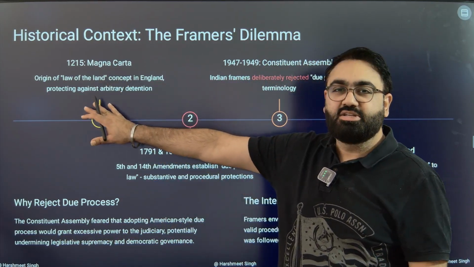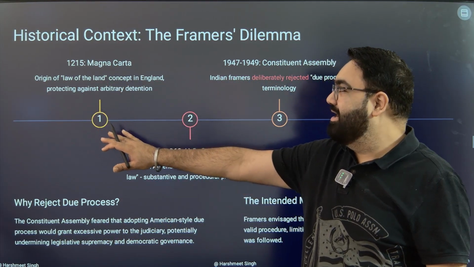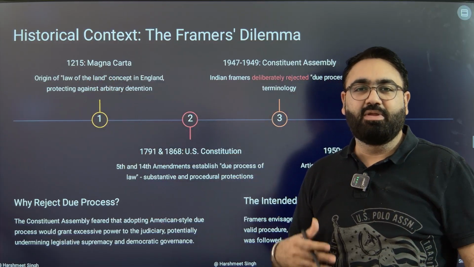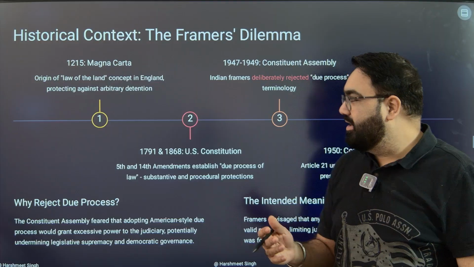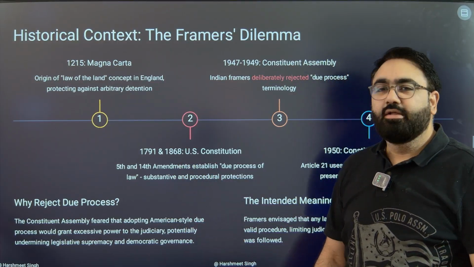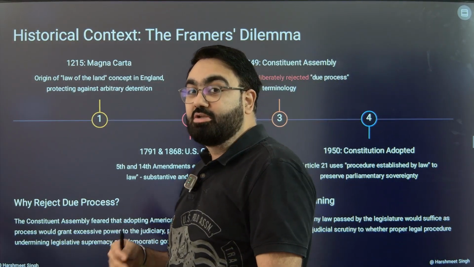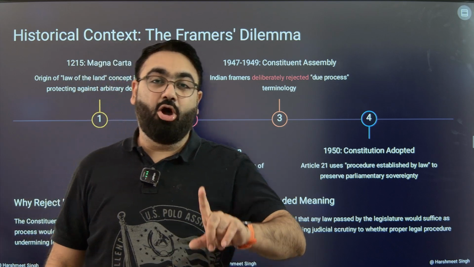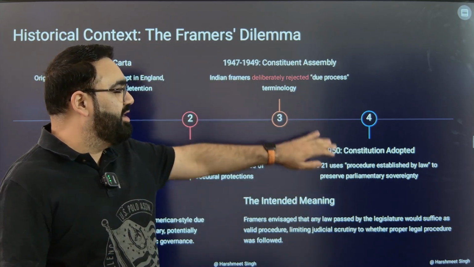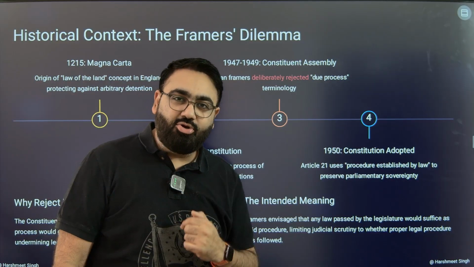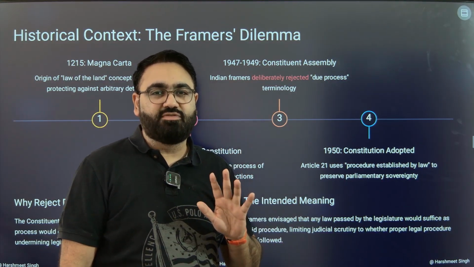So emerged the idea that the law of the land should be the final word, not just the wish of the king. Similarly, the American Constitution also talked about due process of law. That is, the law has to be fair, the law has to be just. When it came to India's Constituent Assembly, however, our Constituent Assembly avoided the use of this phrase.